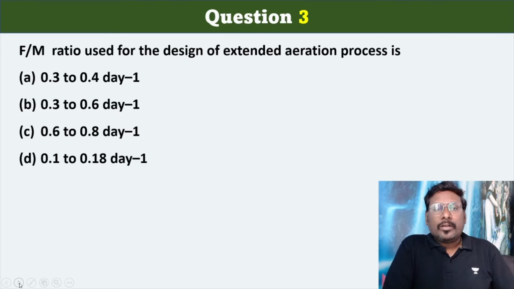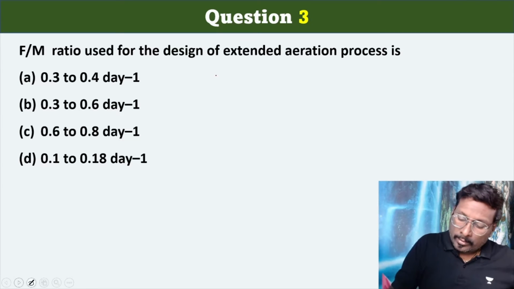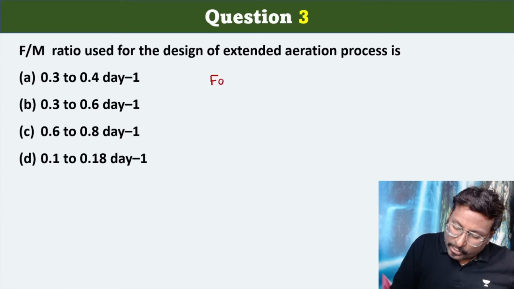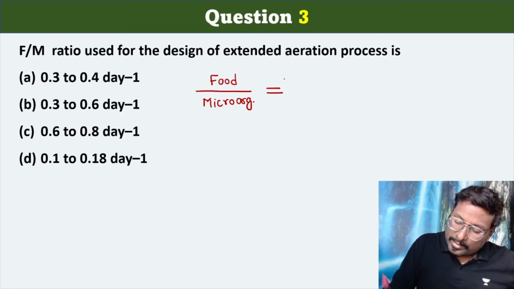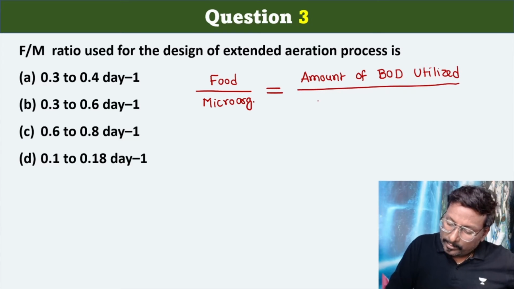Chalo. Food to microorganism ratio is used for design of the extended aeration process. Food to microorganism ratio, F by M, is equal to the amount of BOD utilized upon the amount of solids loaded, biomass.